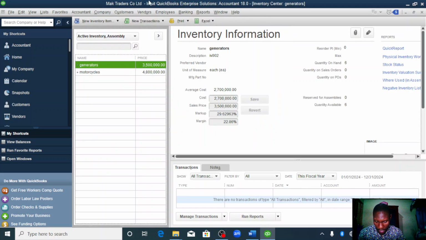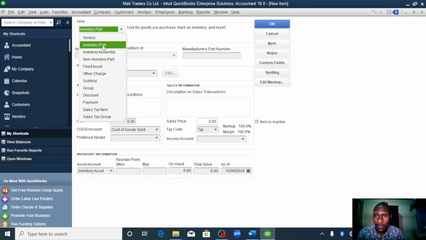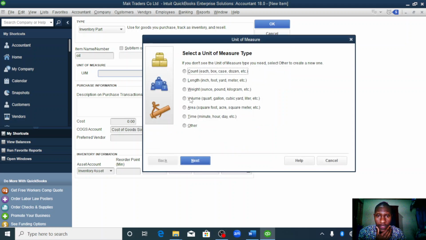We are having oil. It is an inventory part. Unit of measure, we have to add new. So this one is under volume.